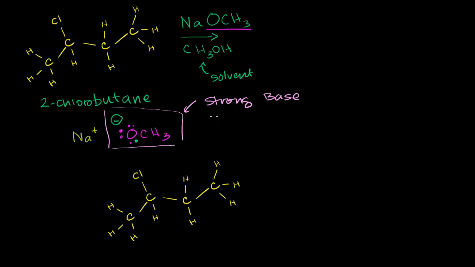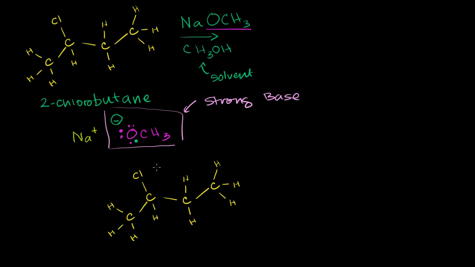If you use the Lewis definition of a base, that means it really wants to give away this electron to something else. If you use the Bronsted-Lowry definition, it means it really wants to take a proton off of something else. And in this situation, that is exactly what it will do.